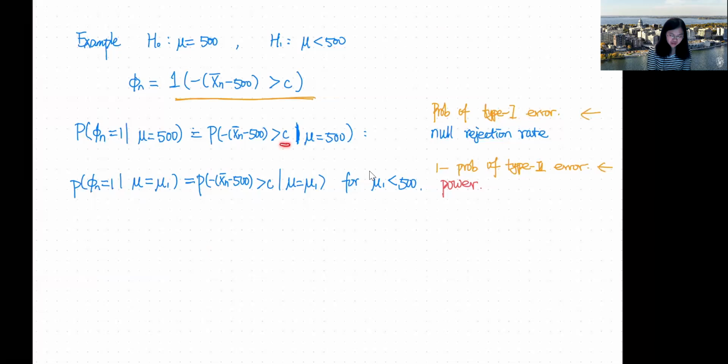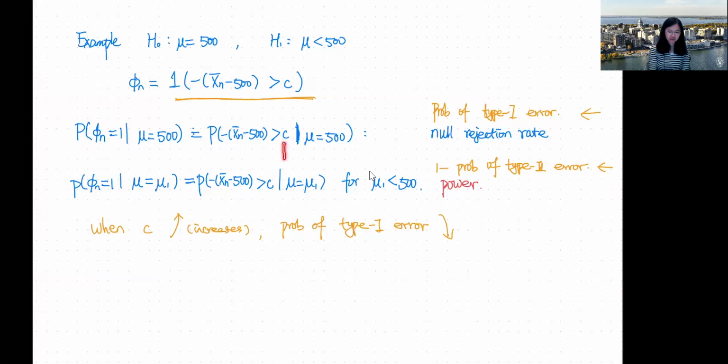As you can see, when you increase the threshold C, both probabilities decrease. So when C increases, the probability of type 1 error decreases, right?